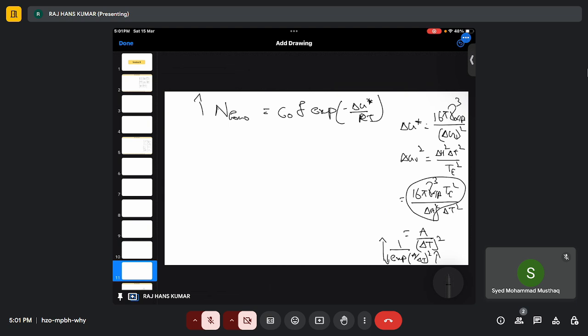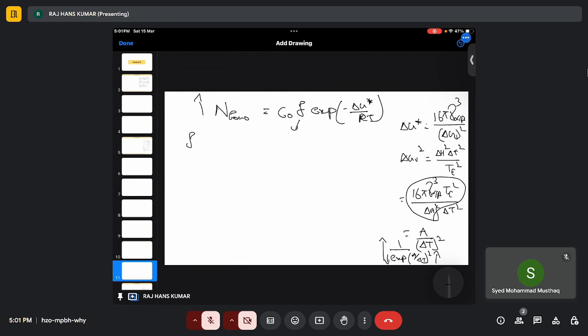Now, what is my frequency? The frequency is nothing but the probability of the atom jumping. So once I reach a critical radius r star, what is the probability of an atom jumping from the alpha phase to the beta phase to grow that nucleus, right?